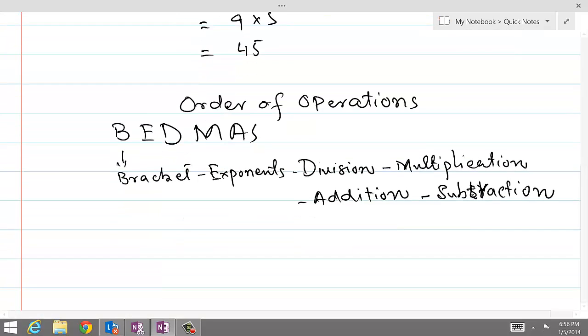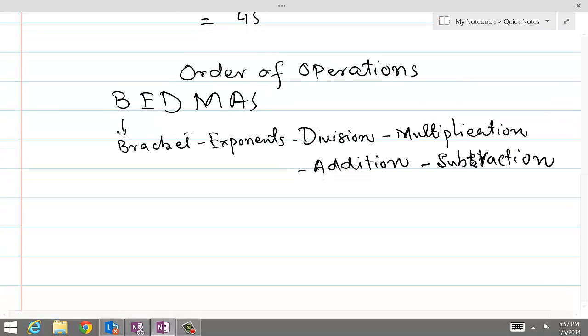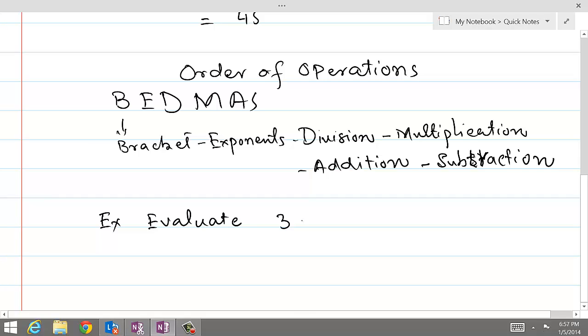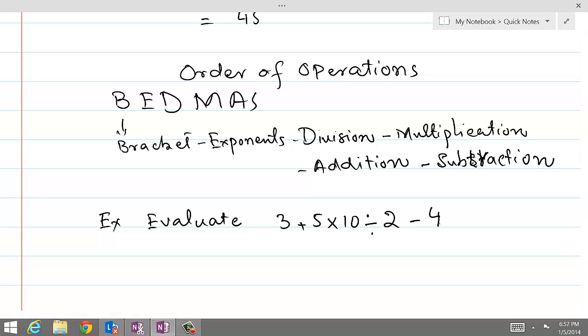Let's take a look at this example here. We will apply this principle to this example and see what we get. Evaluate 3 plus 5 times 10 divided by 2 minus 4. There is no bracket, so we can't use any bracket because it is not present.